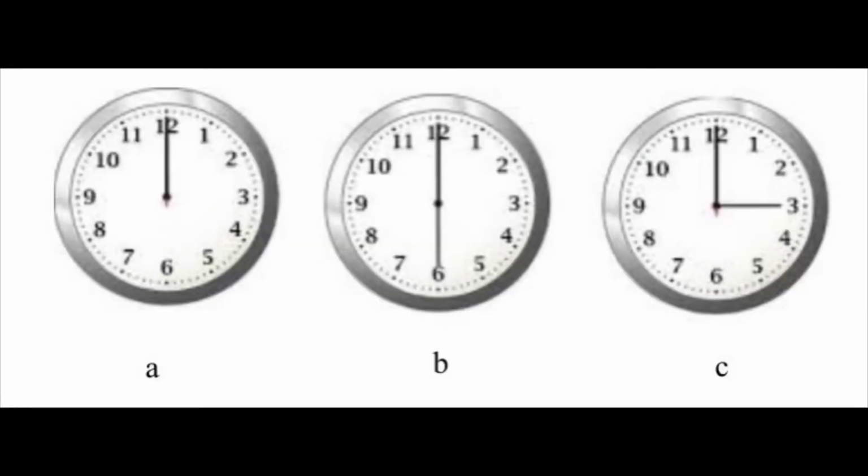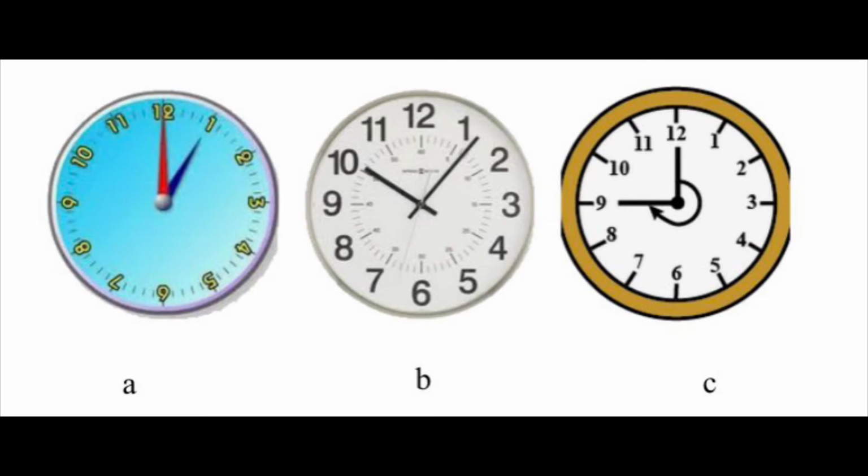making a right angle. Here we have 3 clock faces, A, B, and C. But only one of them makes a right angle. Which one, A, B, or C, makes the right angle? Obviously, the answer is C. 3 more clock faces.